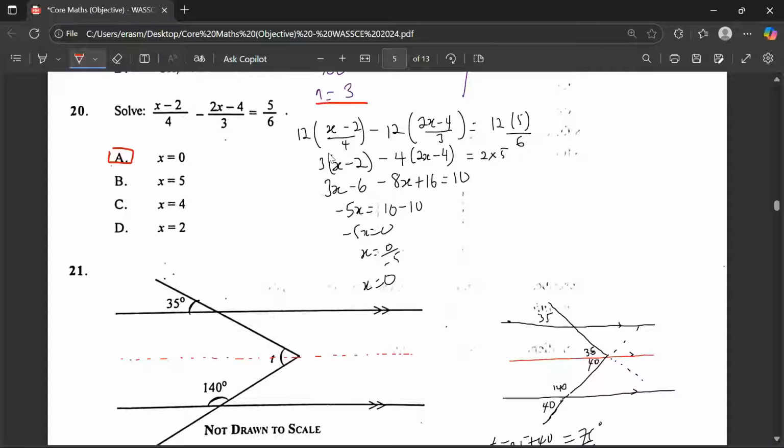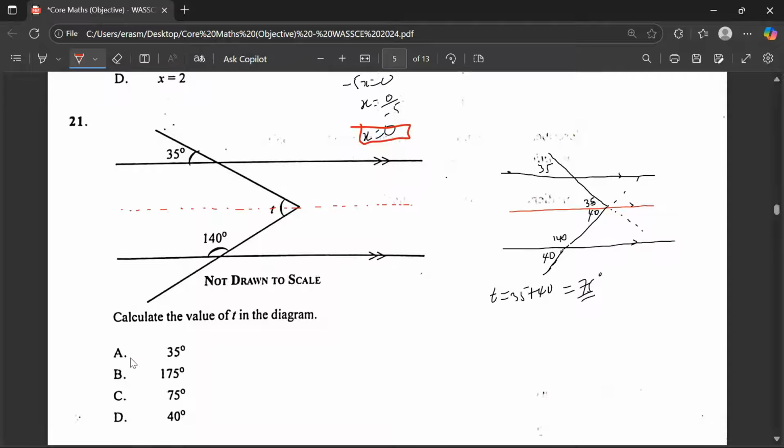That is 4 divides 12 by 3, so 3 times x minus 2. 12 divided by 3 is 4, so 4 times 2x minus 4 equals 2 times 5. That is 6 divides 12 by 2. So if you do it well, you are going to have x equals 0.